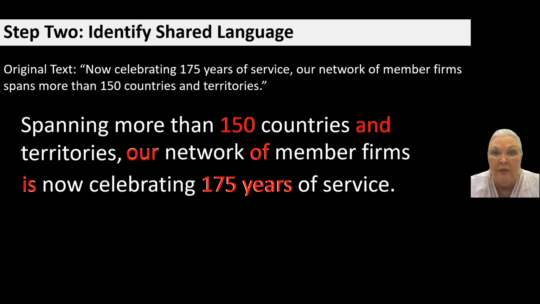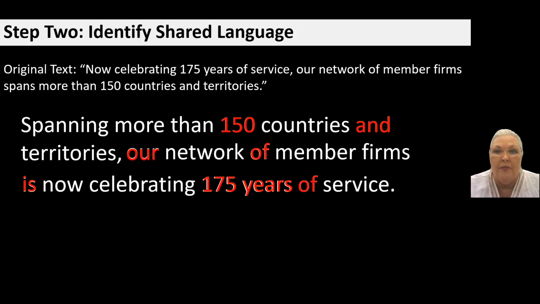And then 175 years. I've got a number that I cannot change, and then "years," there is no other way to say it. It's like, it's got to be a flamingo, right? So now I have identified the words that I can use. I have to change all of the other words.